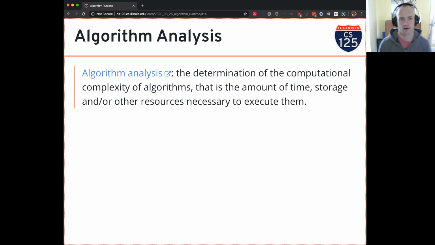It's going to happen. So this is just a preview, and the way that we talk about it in 125, I want to be very clear, is simple, right? We're starting with a simple formulation of algorithm analysis that's designed to give you an intuitive introduction to this topic. Once you get to 173 and 225 and 374, you will become much more specific.